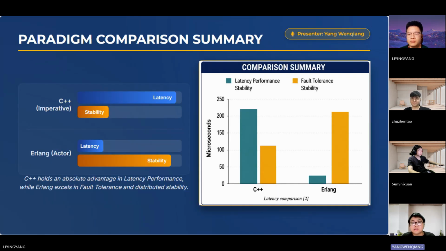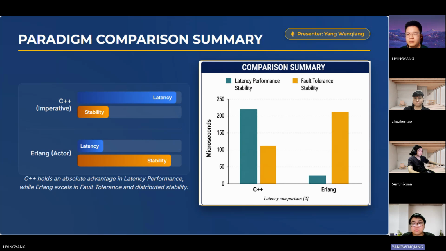Now let's compare C++ and Erlang for our HFT systems. C++ follows the imperative paradigm and has much lower latency. This is extremely important for high-frequency trading. HFT requires rapid response, so this makes C++ a top choice for time-sensitive tasks.